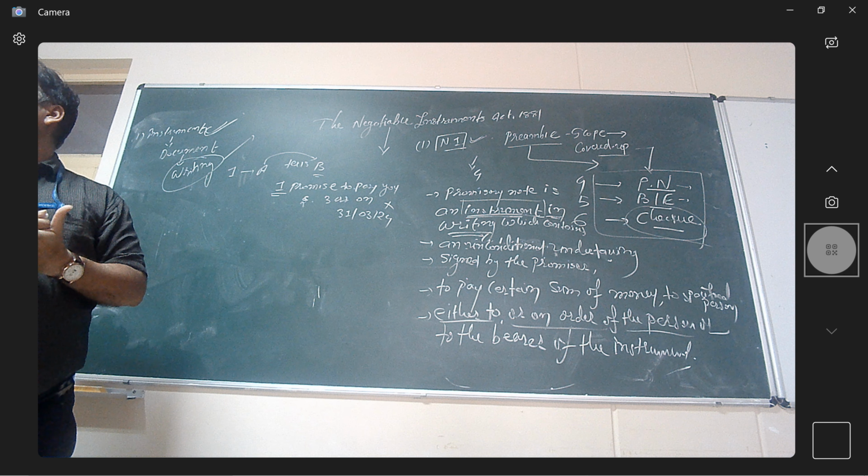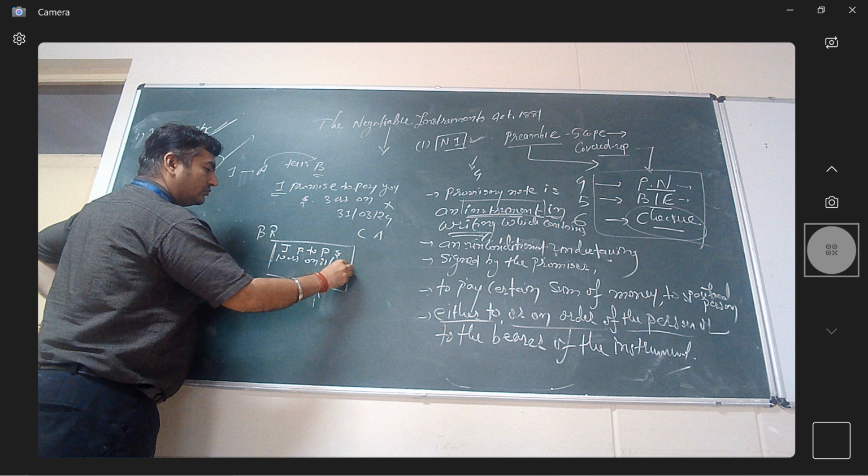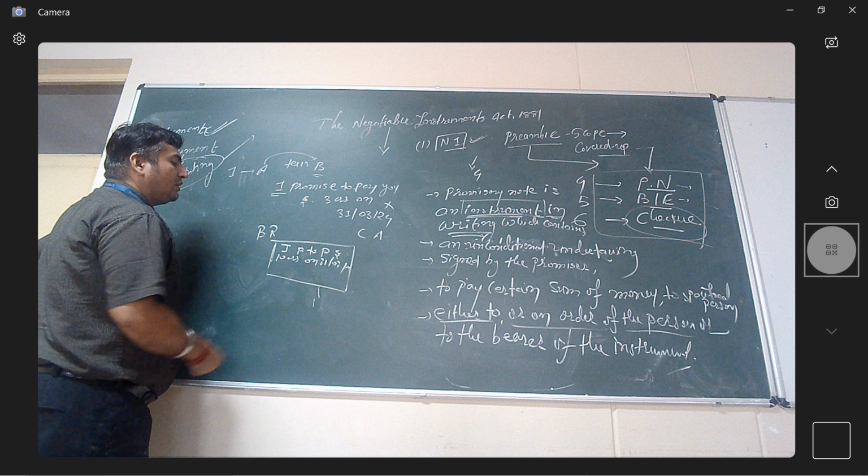All right, guys, face this question now. Mr. Bhavesh Rajani gives in writing to Mr. Chirag Akhani that I, Bhavesh Rajani, promise to pay rupees 10 crores on 31st March 2024. But at the time of signing this, guys, he signs like this.